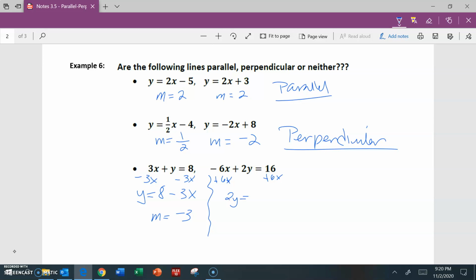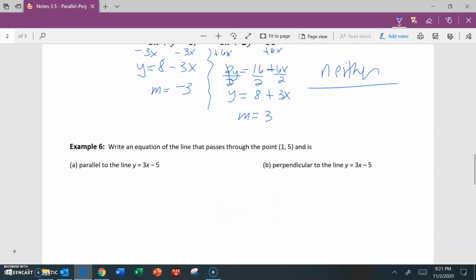So 2y equals 16 plus 6x. And I divide everything by 2. So y equals 8 plus 3x. And here we have a slope of 3. Do not be fooled by this. Negative 3 and 3 are opposites, but they are not opposite reciprocals, and they're definitely not the same, so this would be neither. Okay? All right.